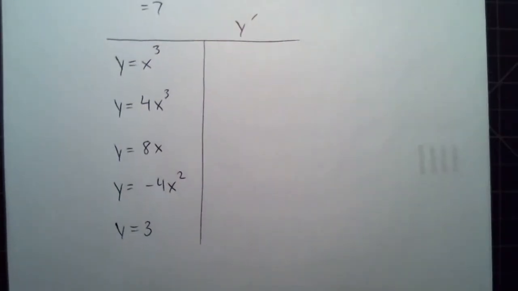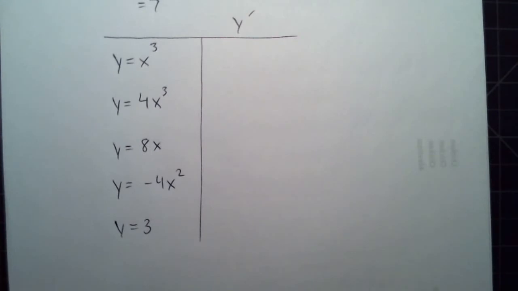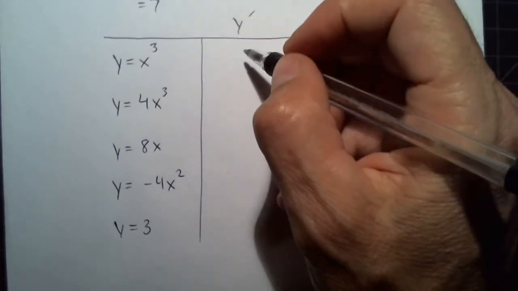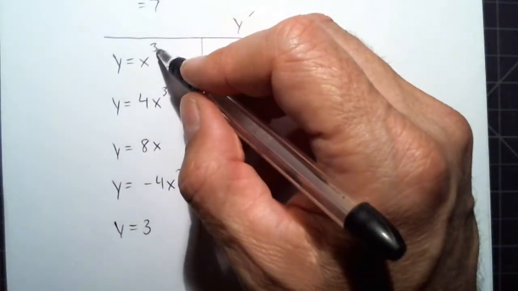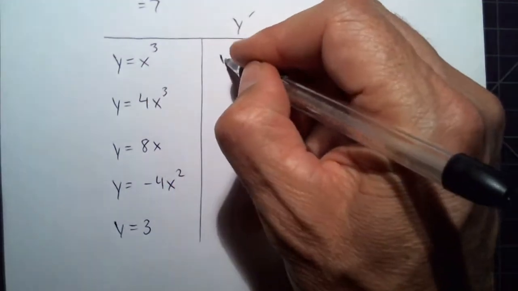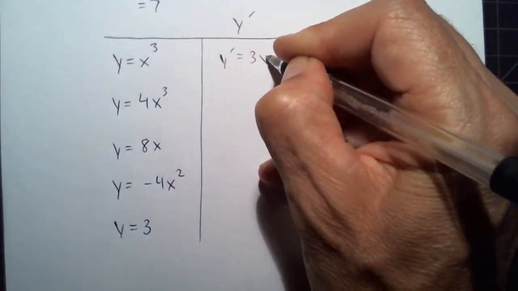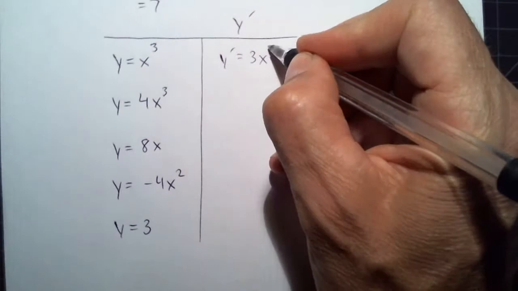Okay, so go ahead and pause the video and find the derivative of each of these equations. So using the power rule, we multiply by 3. We'll have y prime is 3x. Subtract 1 from the 2, and we get a 2.